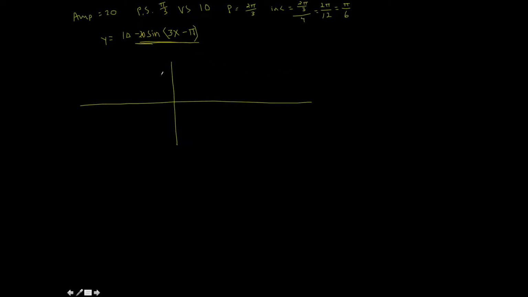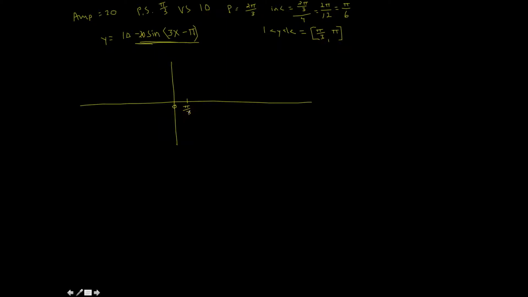make our graph. And we know from what we have solved that one cycle is pi over 3 to pi. But that's one cycle. So we know we're going to have to go there. So this is 0, pi over 3.